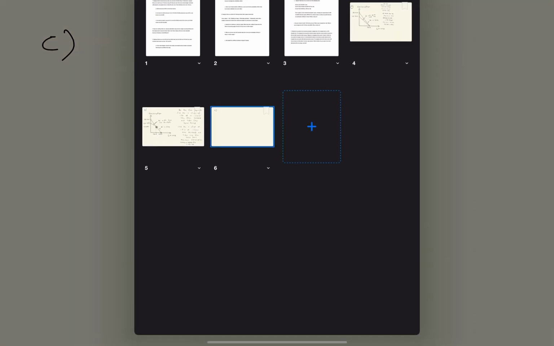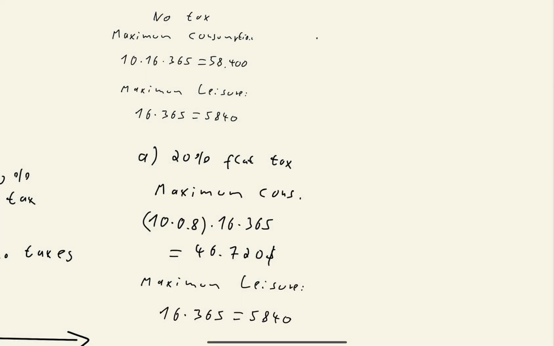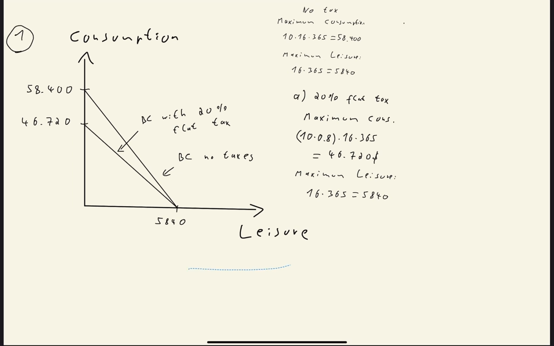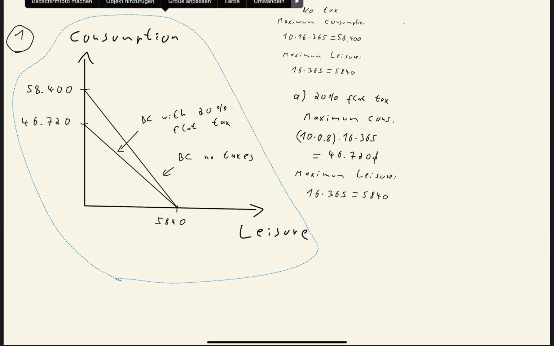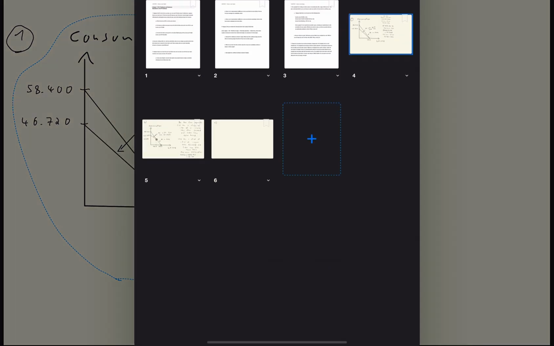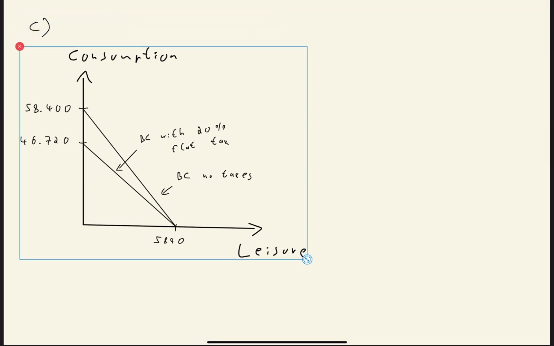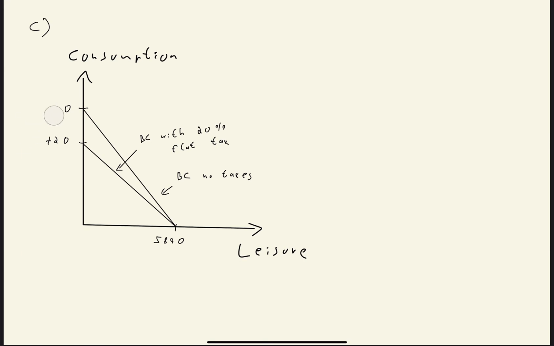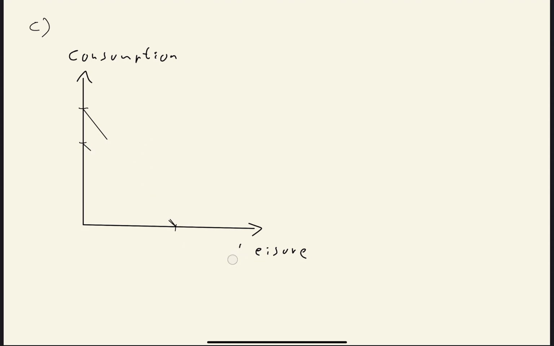Now, let me just again copy one of the things here. Oh, this is wrong. So I will need just the coordinate system one more time. And I will need to delete some of the stuff because here I will not use the old budget constraint without taxes.